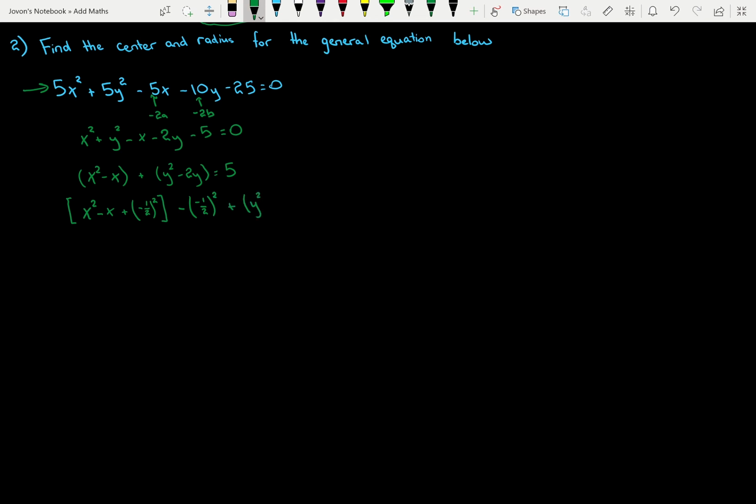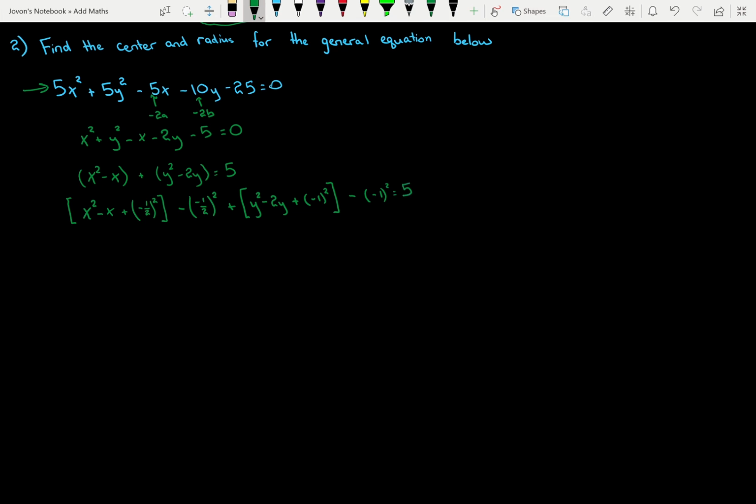Plus y squared minus 2y. I use the big bracket. And remember, we add in a half of the coefficient of the y term, which is half of minus 2, is minus 1, all squared. Okay, remember, wherever we add inside, we need to subtract outside, so it becomes minus 1 all squared, is equal to 5.